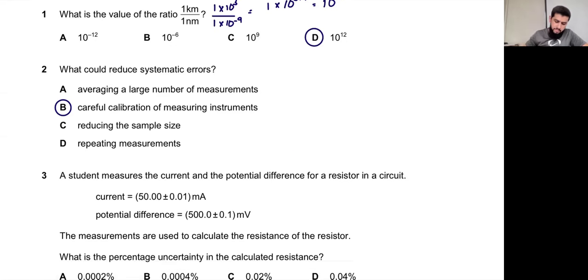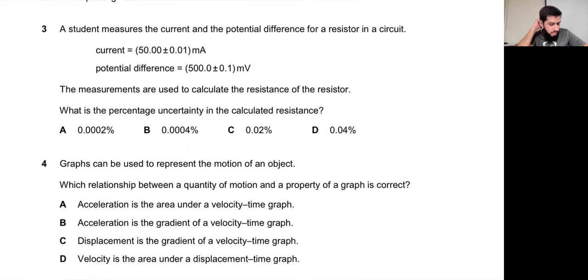Question number 3 says, a student measures the current and the potential difference for a resistor in a circuit. Current is 50 plus minus 0.01. Potential difference is 500 plus minus 0.1. The measurements are used to calculate the resistance of the resistor. What is the percentage uncertainty in the calculated resistance?